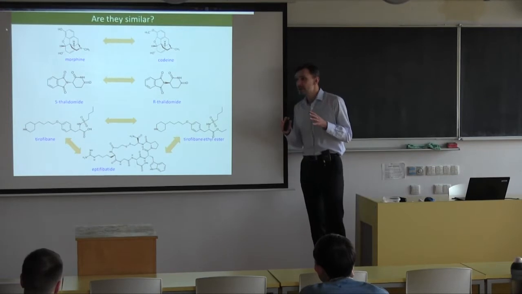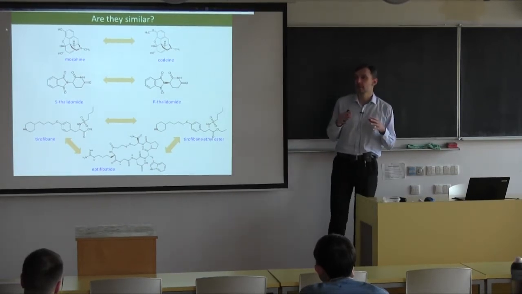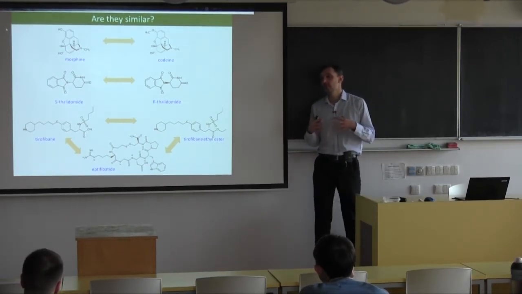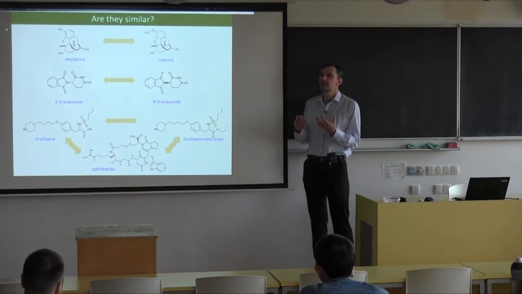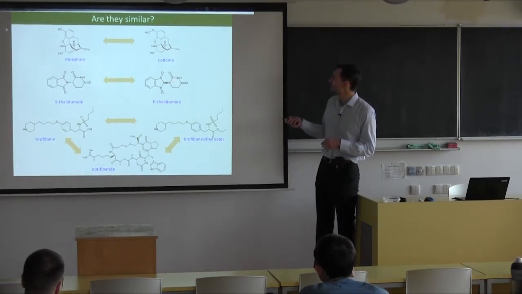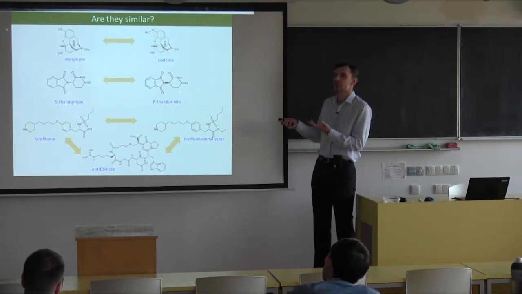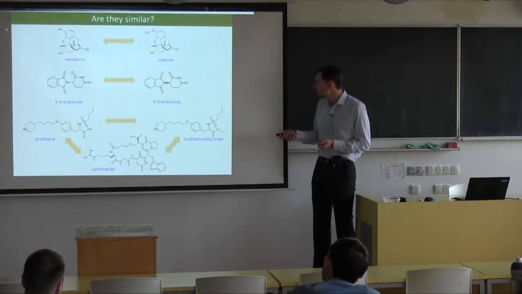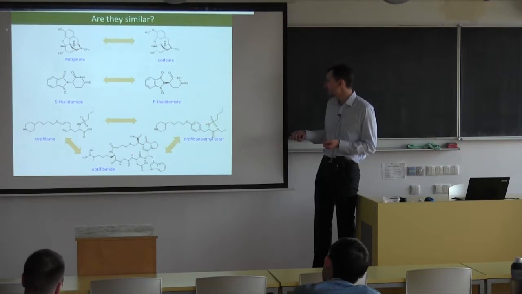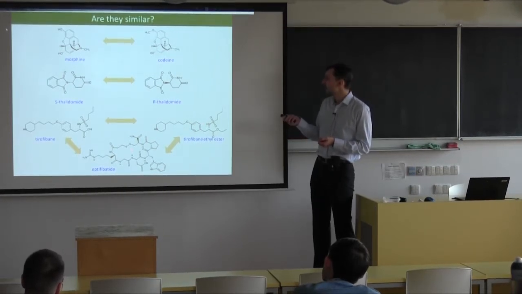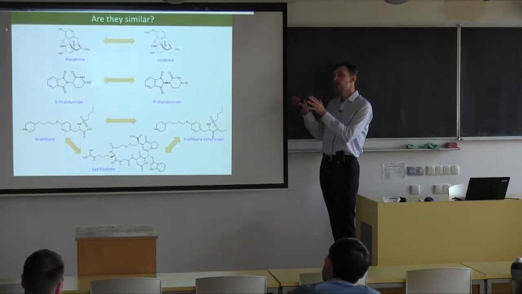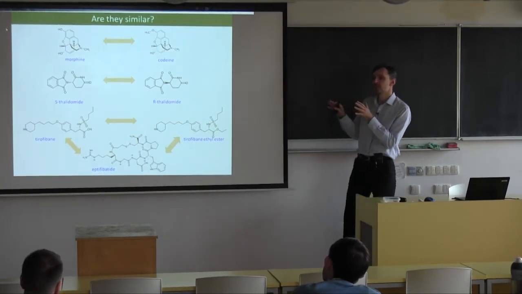But the question is how to compare the similarity between two compounds. If you look at these compounds, you can say that they are similar, and these compounds are also similar. And these compounds, this and this, are probably similar, and these are dissimilar. But these conclusions are made just on the structure of these compounds.